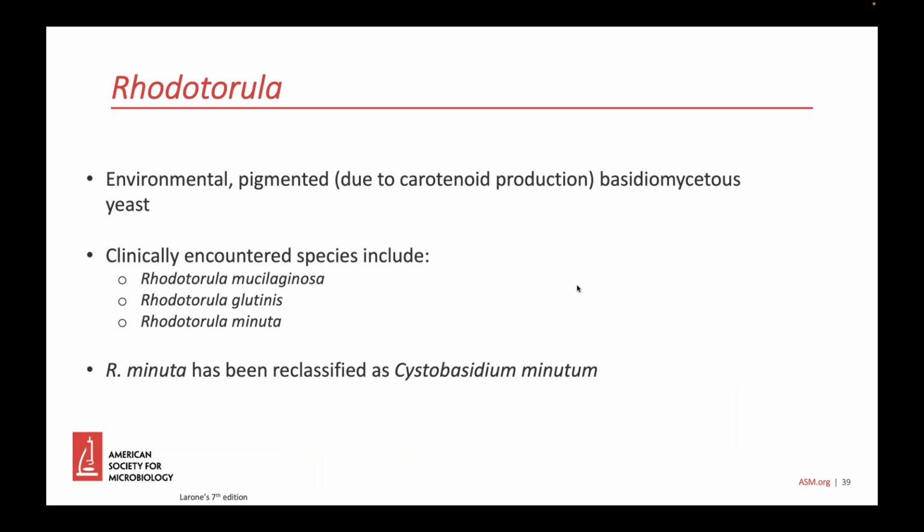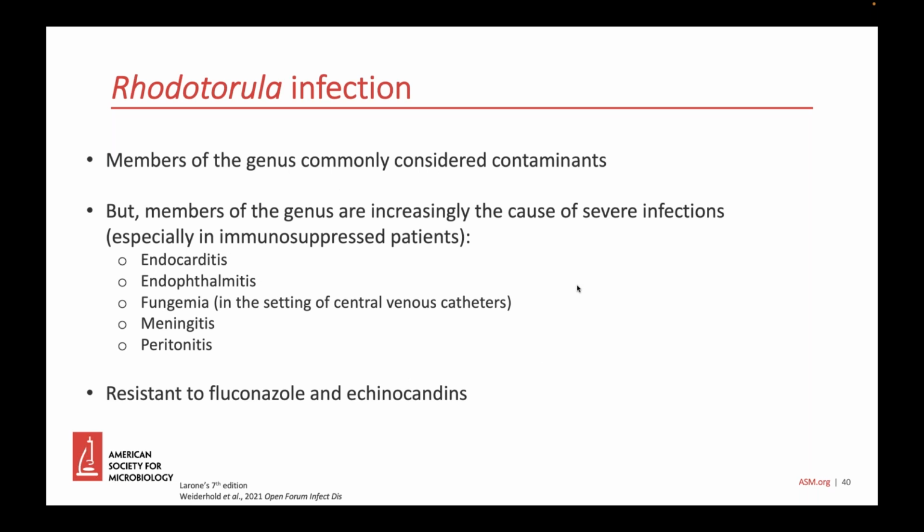So a little bit about Rhodotorula. This is again an environmental organism. It's pigmented due to carotenoid production. It's a Basidiomycetes yeast. Its clinically encountered species include those that are listed here. One of the species, notably, has been reclassified into a different genus, Cystobasidium. What about infection?